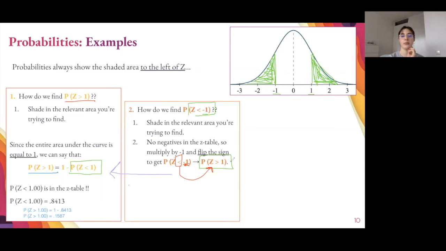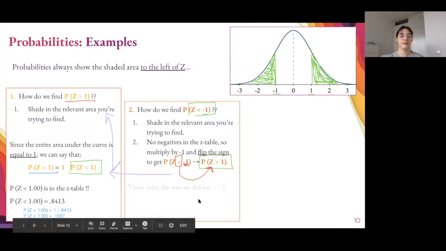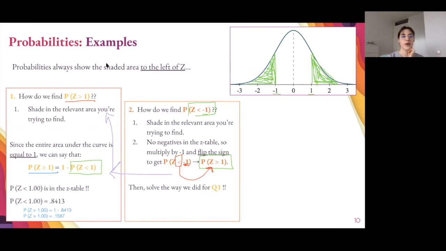As you can see, the probability that z is greater than 1 is up here. So now we just do the exact same steps that we did for the first example, and we solve it the exact same way. We were at first given the probability that z is less than -1. We changed that so that the -1 would be positive and flipped the sign.